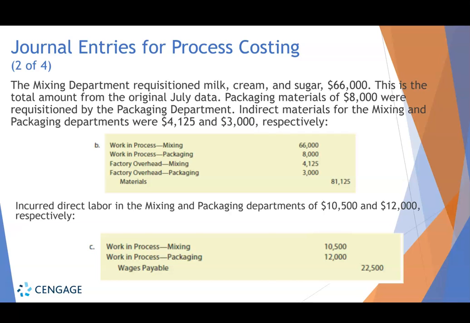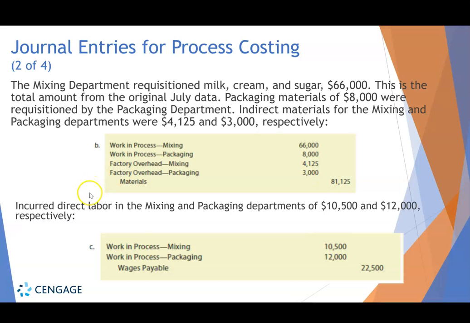So we would show here a debit to work in process mixing for the $66,000, a debit to work in process for packaging of $8,000, then a factory overhead of mixing for $4,125, and a factory overhead for packaging of $3,000. And we would credit materials for the whole amount.